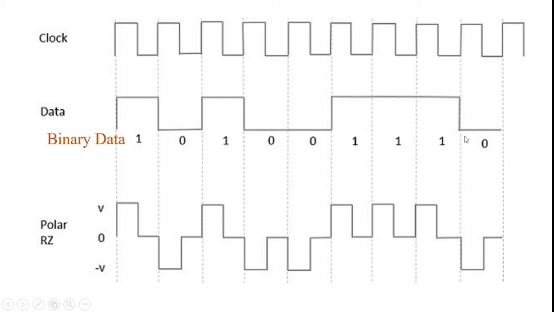According to the concept of polar return to zero, for a high in data, its duration T naught or TB is less than the symbol bit duration.